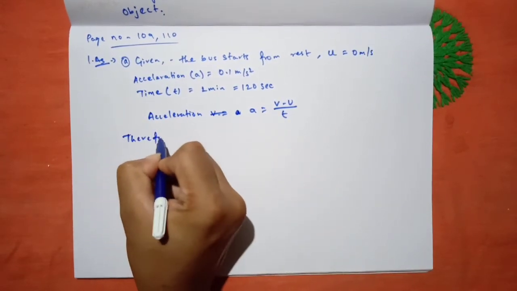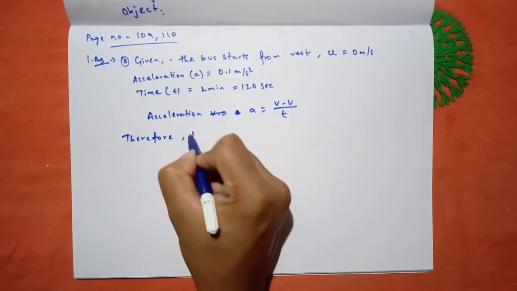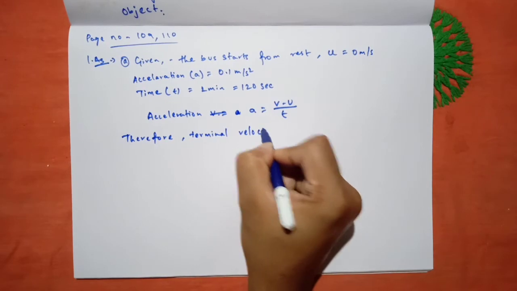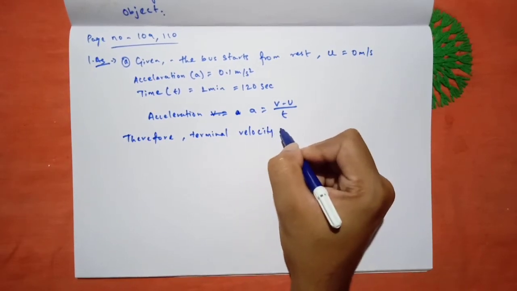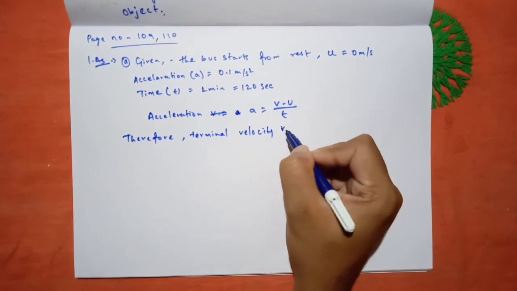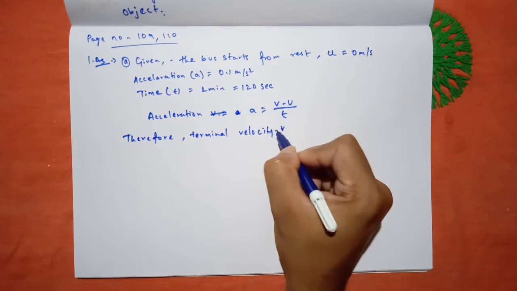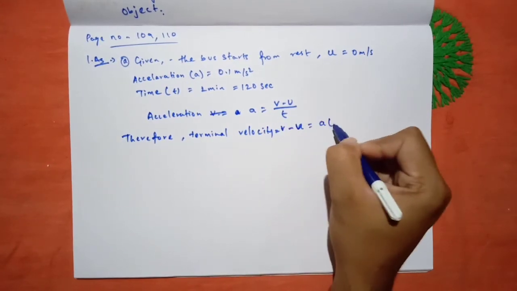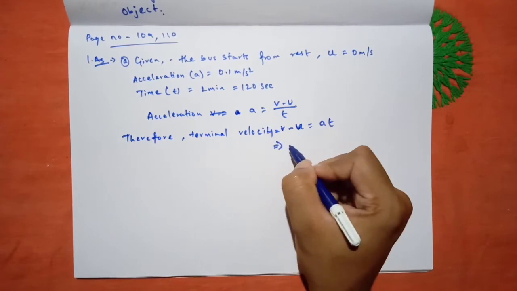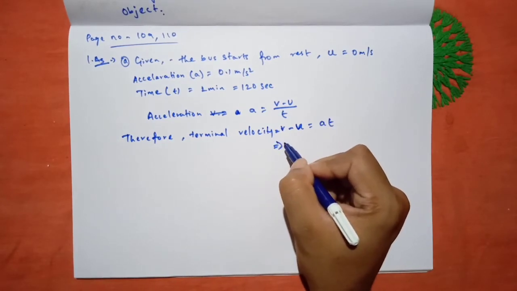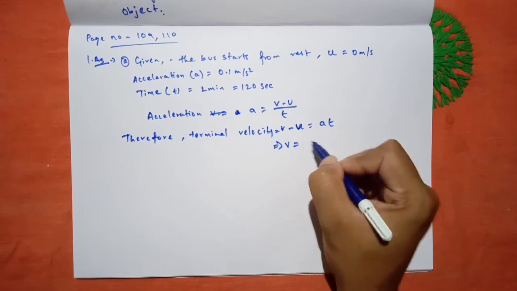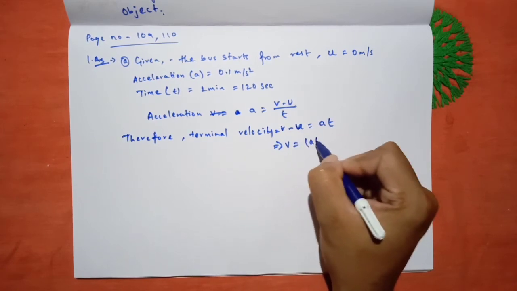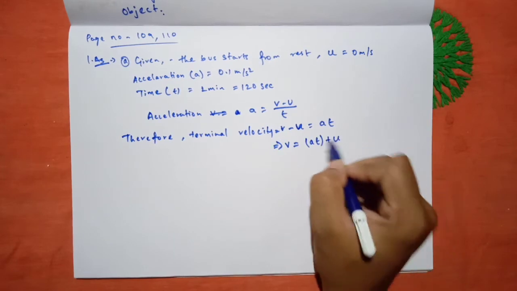Bringing t to this side, v minus u is equal to at. So we have to find out v. Now v is equal to at plus initial velocity.